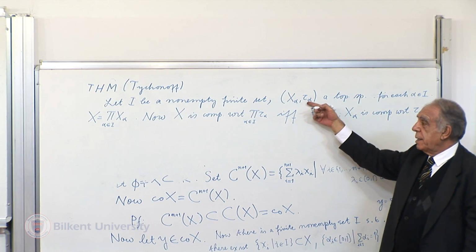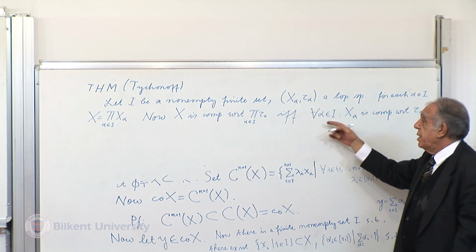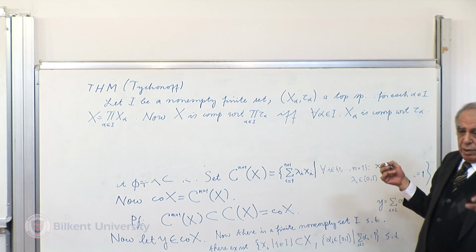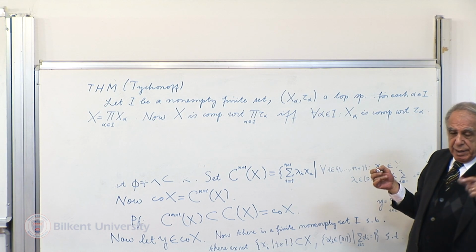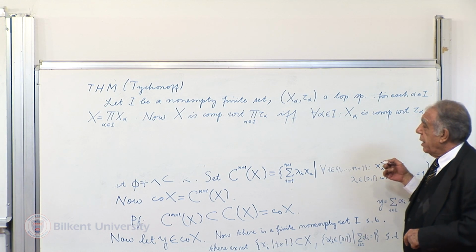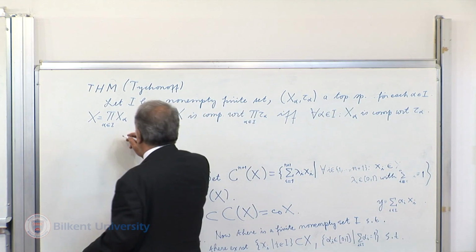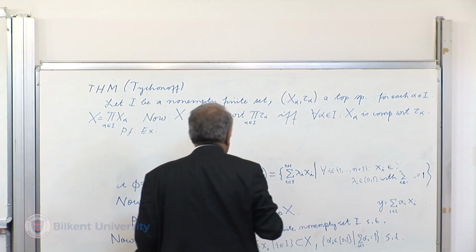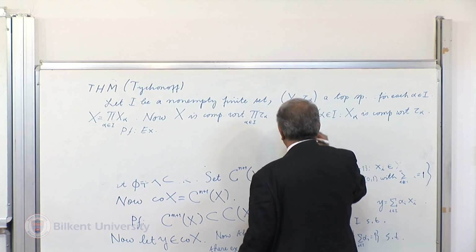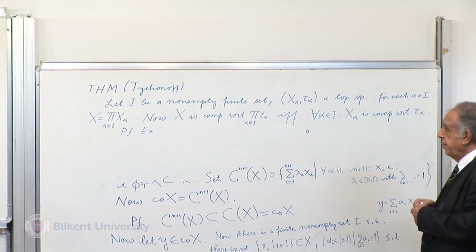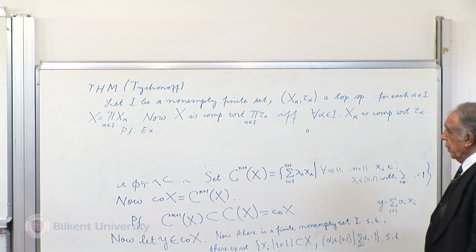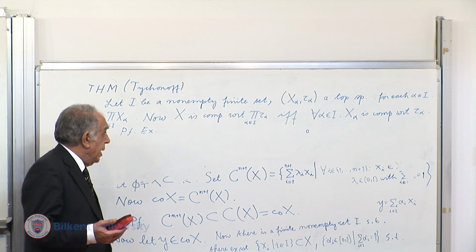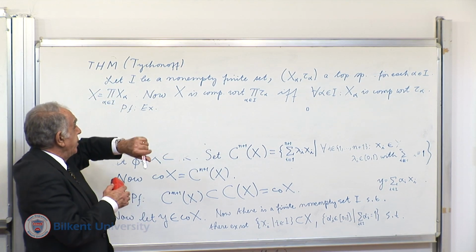Here, since I take these as topological spaces, each X alpha will be non-empty, thus X will be non-empty as well. So the problem in the case you consider will not arise. Now, proof, I leave this as an exercise to you.